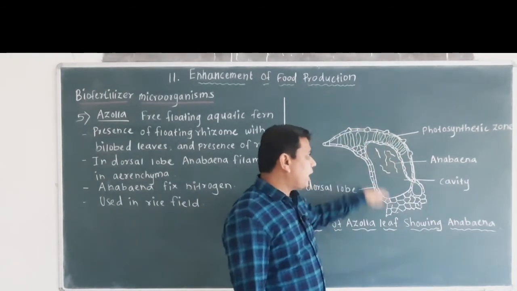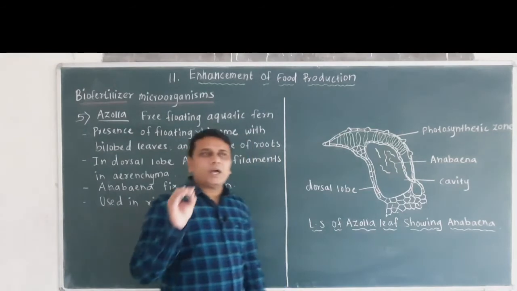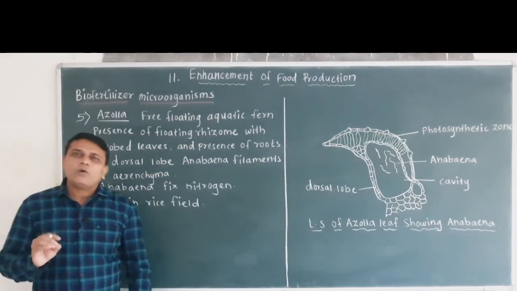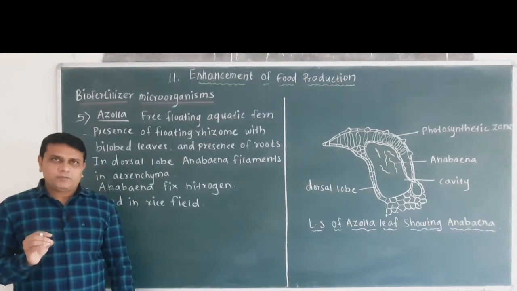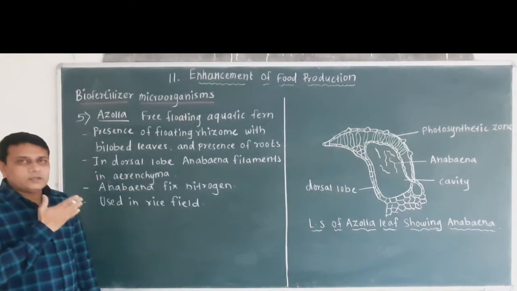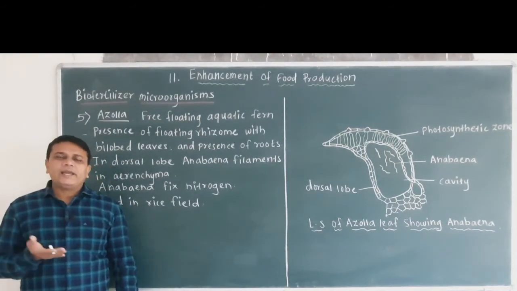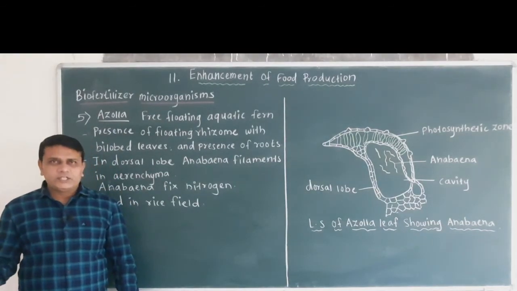So inside this cavity Anabaena filaments are found, and these Anabaena filaments carry out the process of nitrogen fixation, and Azolla can be used as fertilizer in rice fields.